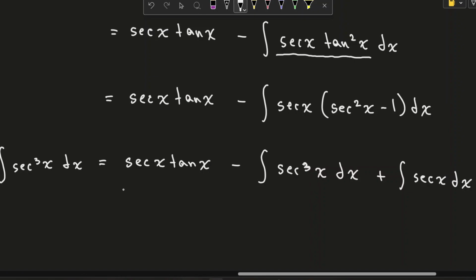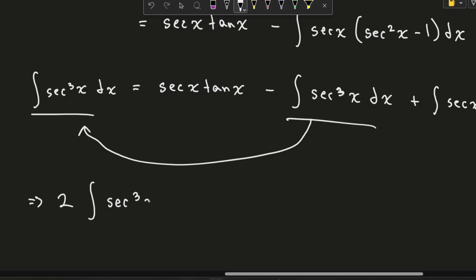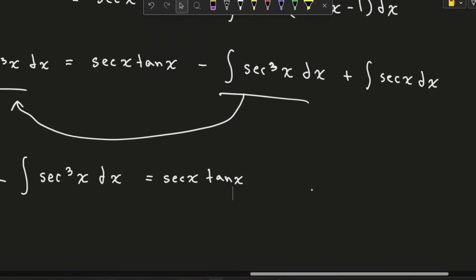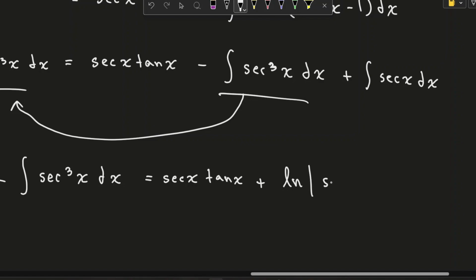Now as you can see, there are two identical terms in this equation, so we can just bring this over to the left hand side of the equation, and then we will get a value of this. And the integral of sec x is actually ln modulus sec x plus tan x.